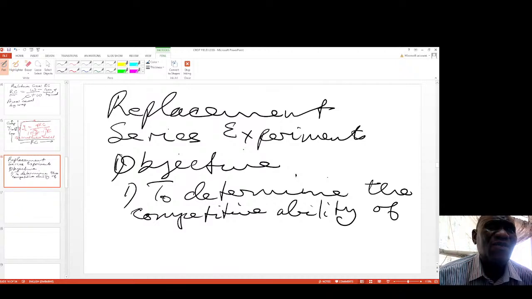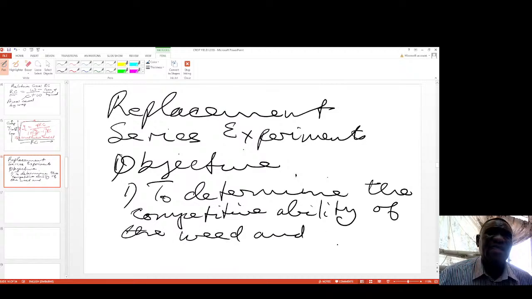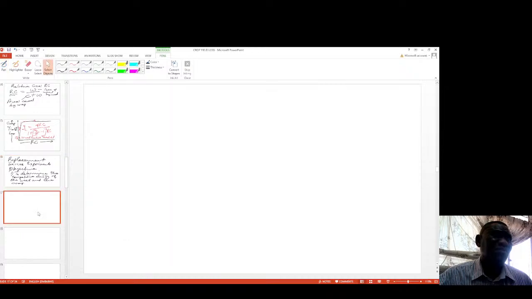To determine the competitive ability of the weed and the crop. So we need dry matter.